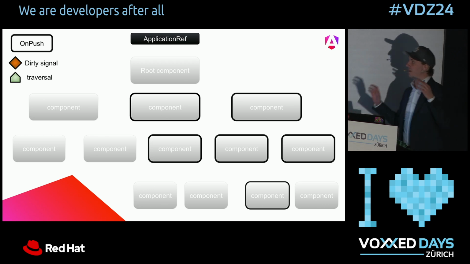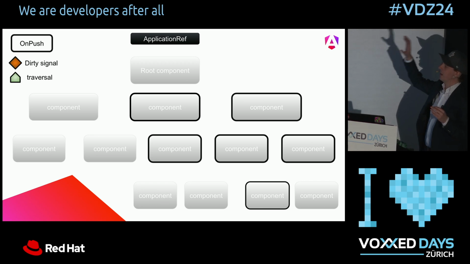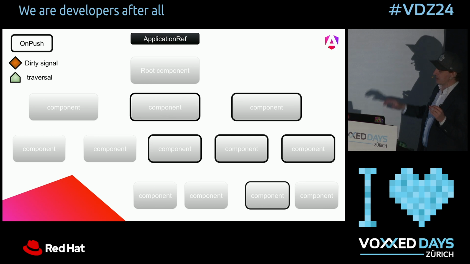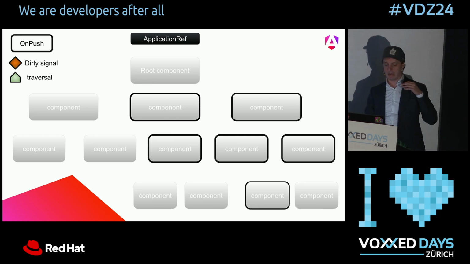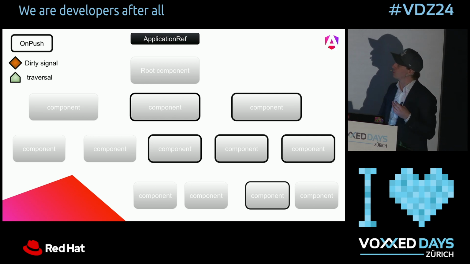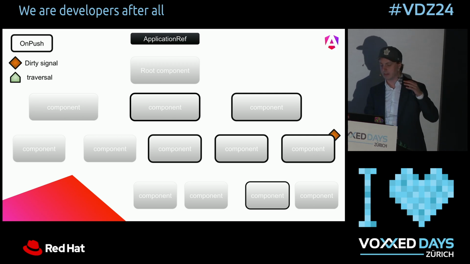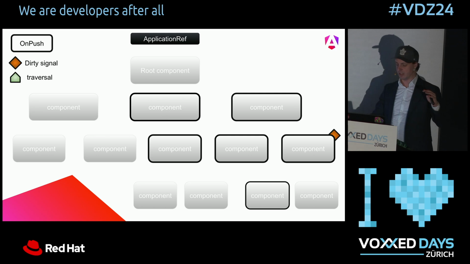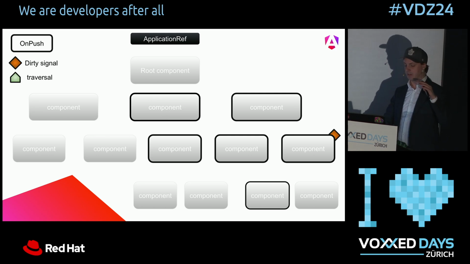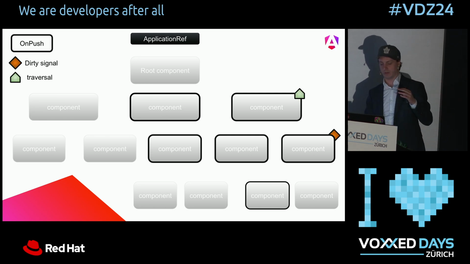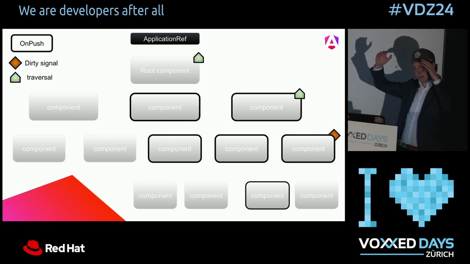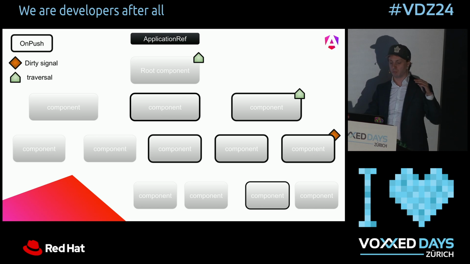So now I have the same app with the OnPush components in black, and you will see that, for example, I will mark a signal dirty in one of the components that consumes it here. So here the component is dirty, and it will mark the parents as traversal. When a parent is traversal, it means that it will still go down the tree, but it won't change detect them.